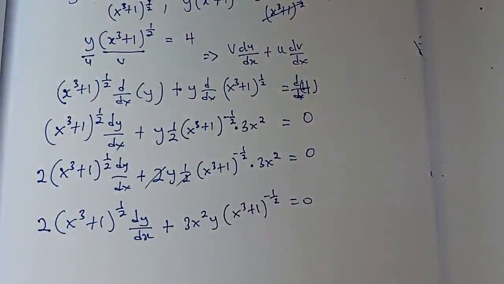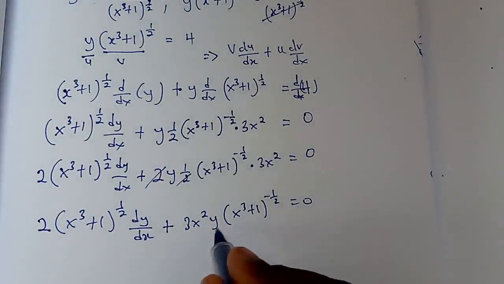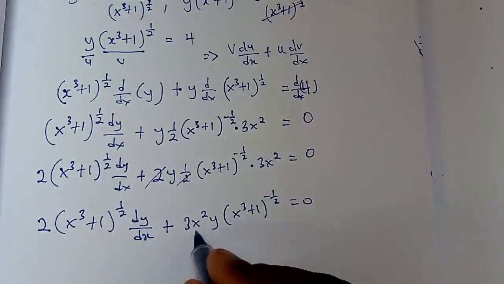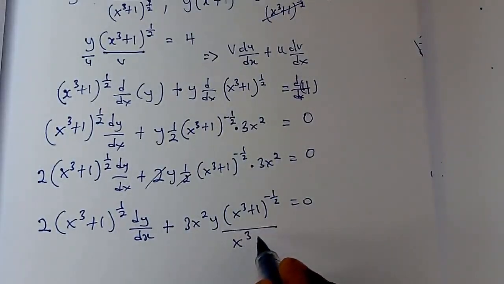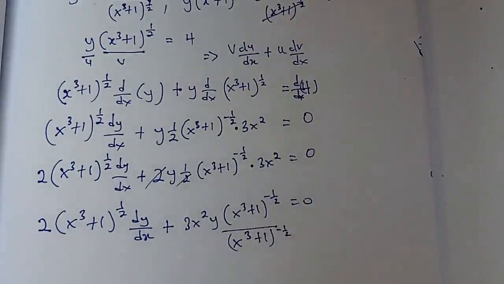Look here very carefully. What do we do here? We can very simply divide. We want to make this one a subject. So let's divide this by x to the power 3 plus 1, and then I have my minus half here.